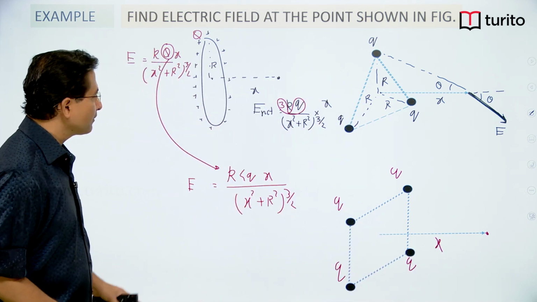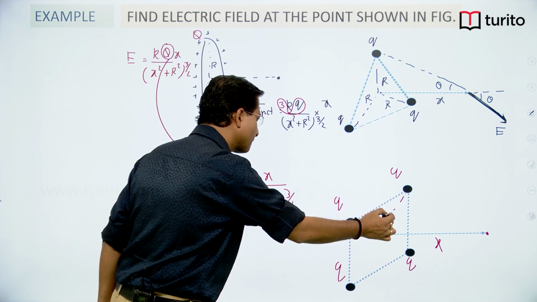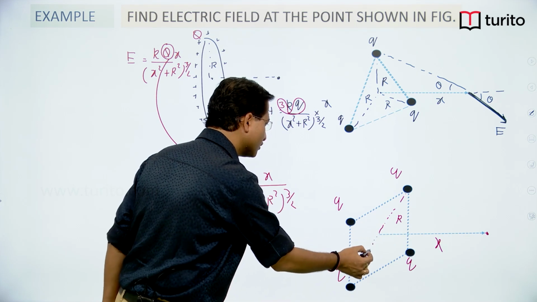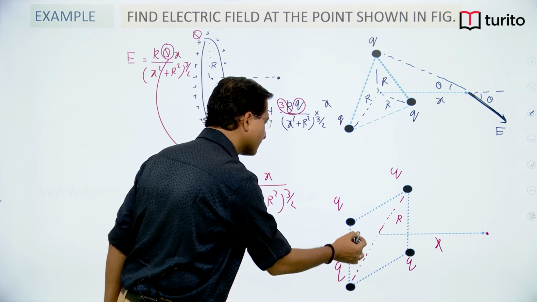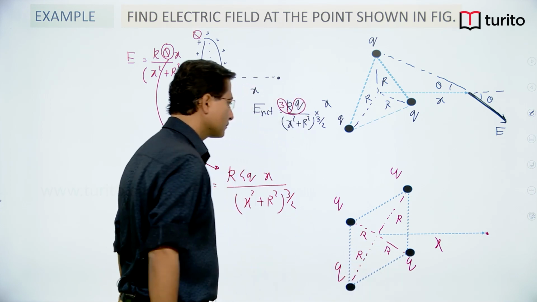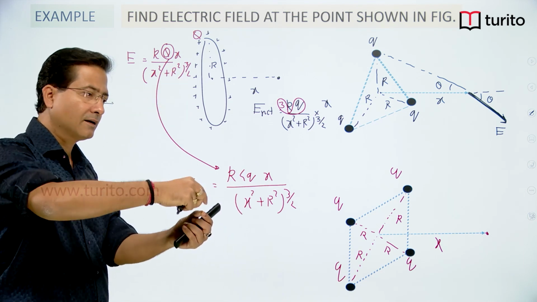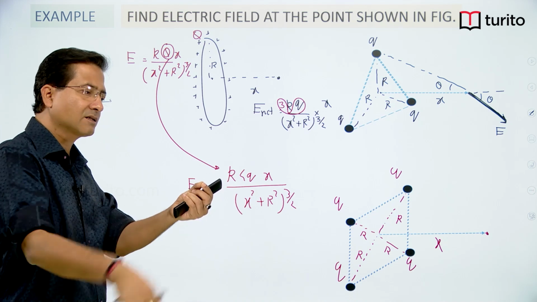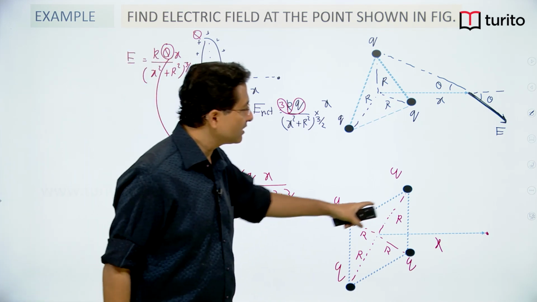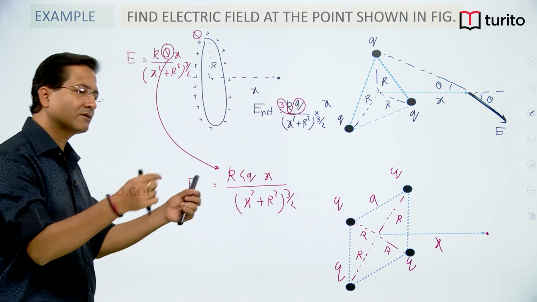Only thing you have to keep in mind, this r is nothing but this distance. So this distance is r from here to here. From the center of the square all the particles are kept at distance r, and that distance we need to substitute here. For example, if this is given as a, generally the edge length will be given to you.